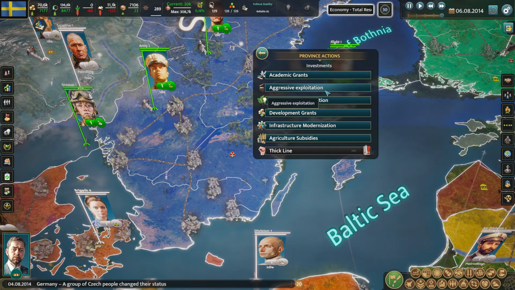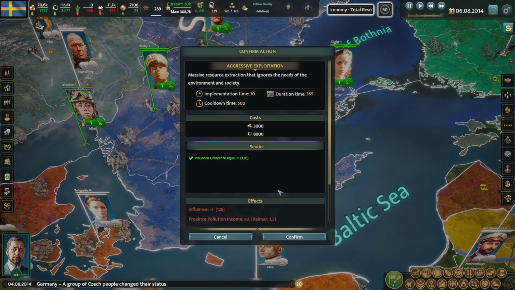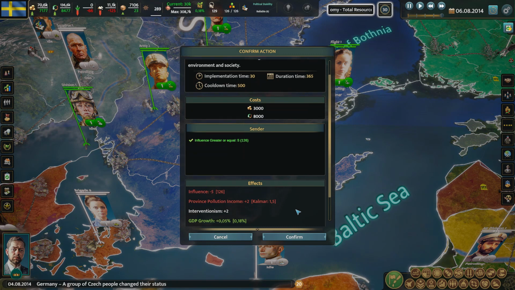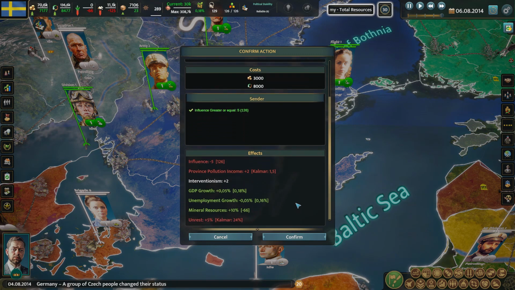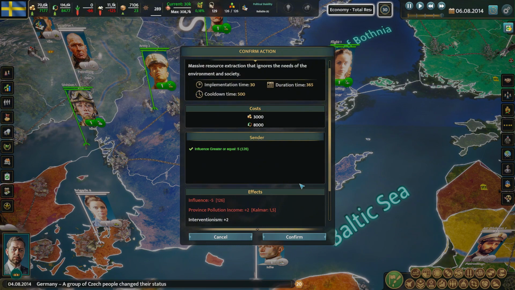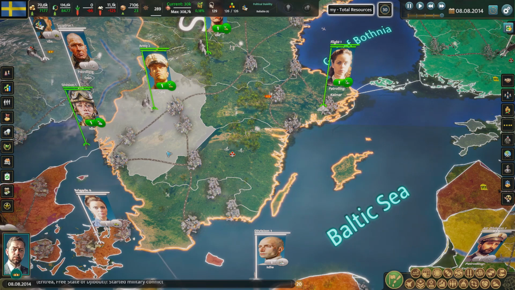Some of these are very aggressive. They will short term give you an advantage, but long term you will heavily pay for it. There is always the detail here from the duration to cool down before you can use the action again.